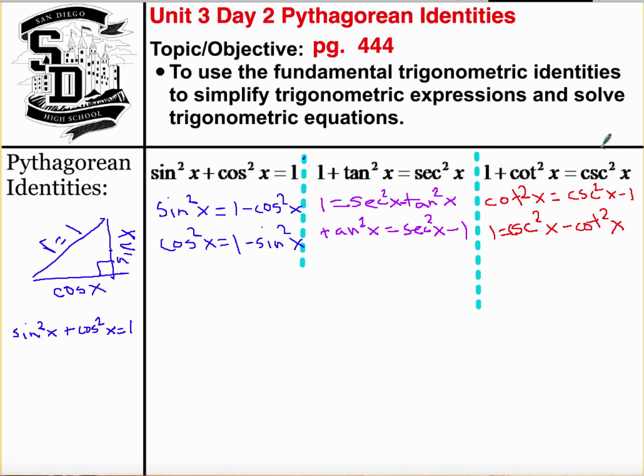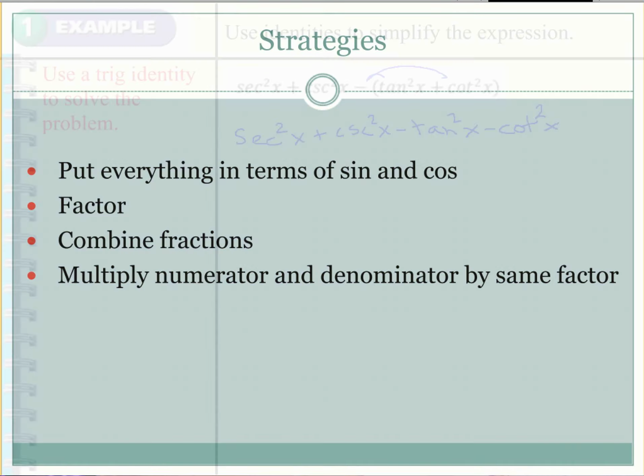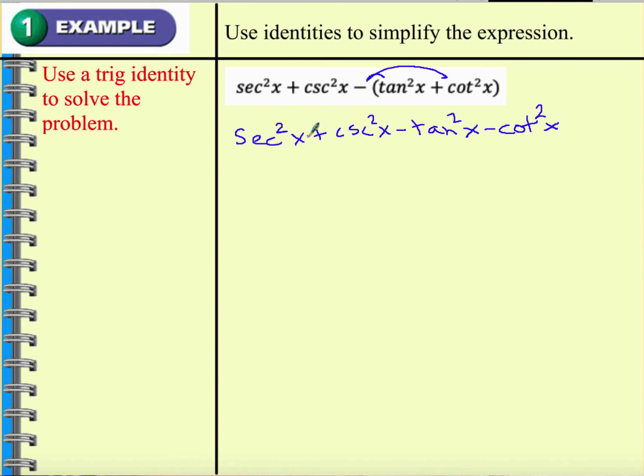So back on this page, I saw that with a negative tangent, a positive secant squared will make 1. So secant squared minus tangent squared is equal to 1. Well, here's our secant squared, and here is our minus tangent squared.